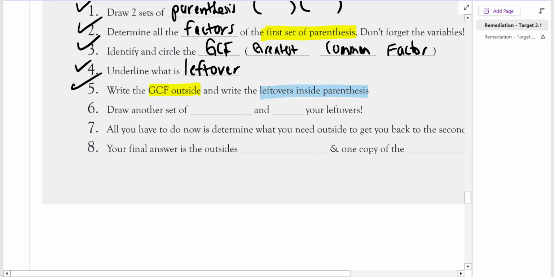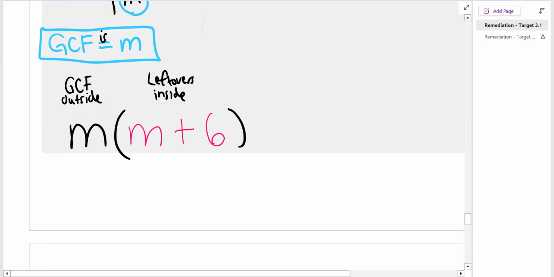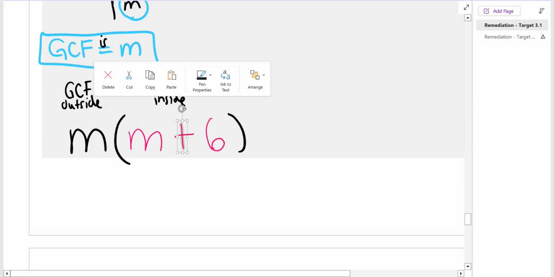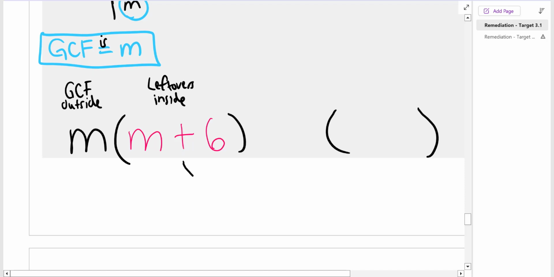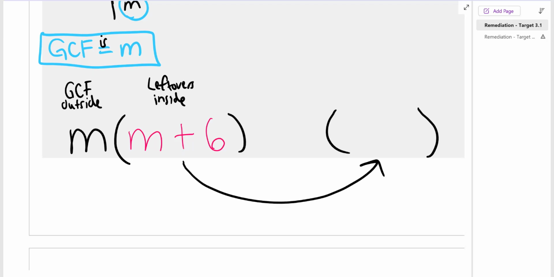The next step is you're going to draw another set of parentheses, and you're going to copy the leftovers. So you're going to copy the leftovers right here, and then we have to find the outside.